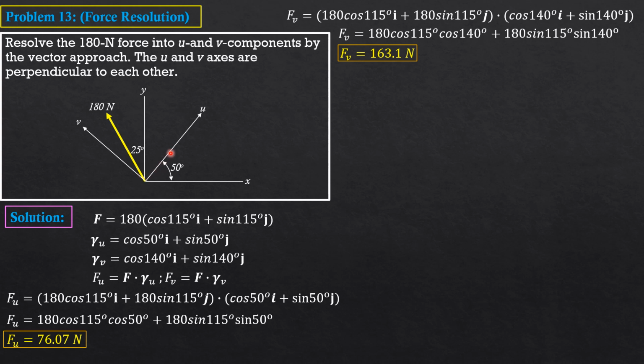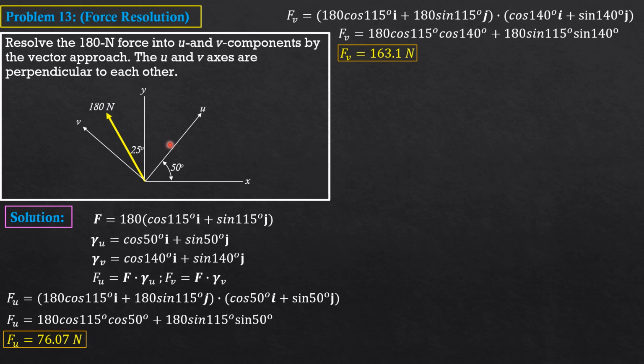Then the easiest way is to imagine a right triangle here. This is Fu, and the angle between the force 180 newtons and the component Fu is, because this is 40 degrees, 90 minus 50, 40 plus 25 is 65.